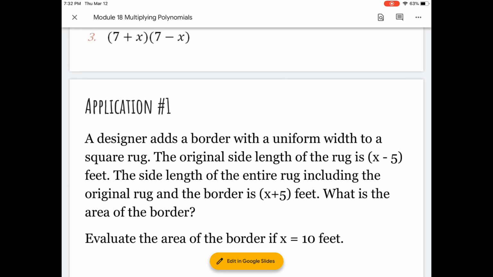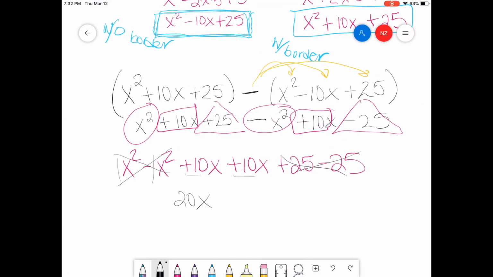So if x equals 10 feet, then I want to know if I plug in 10, what will the result be? So go back to my problem here. I have 20x represents my area. Area of just the border is 20x.